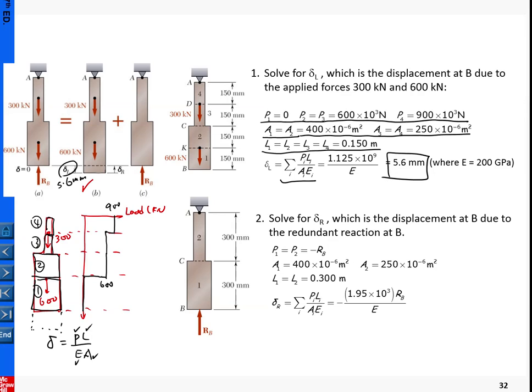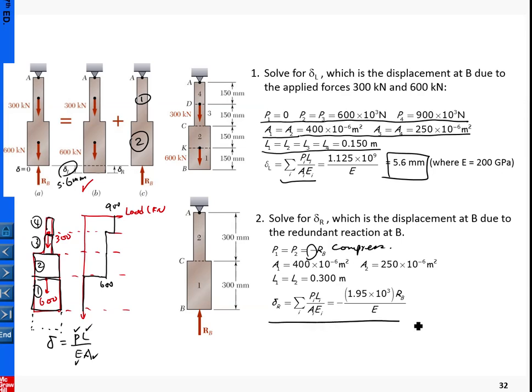Okay, now we come to the second subsystem. Subsystem is due to RB here. So for RB the same thing. In segment 1 and segment 2, the reaction is always minus RB, the minus means compressive, and you know the sections, and you know the geometry and dimensions.